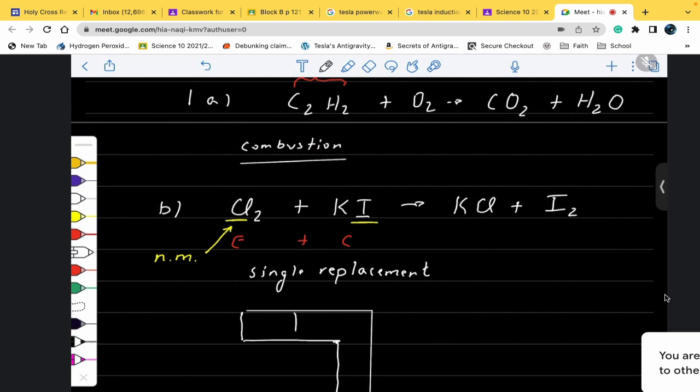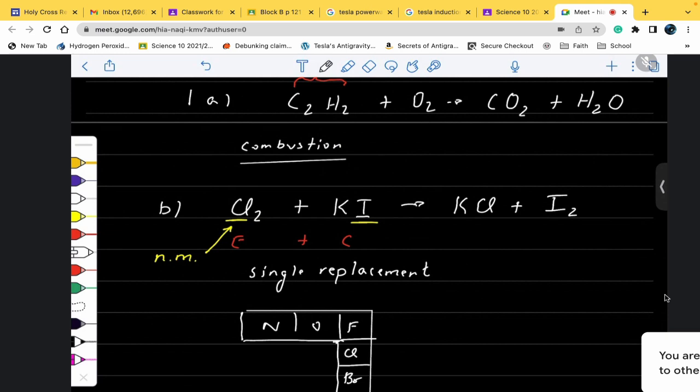That inverted L contains the following: nitrogen, oxygen, fluorine, chlorine, bromine, and iodine. Any of those elements, as you can see, iodine and chlorine are one of them. If they end up by themselves, you draw them or write them as diatomic.